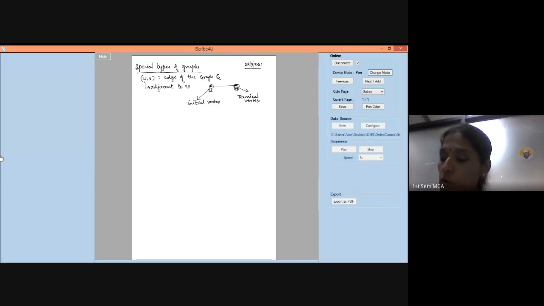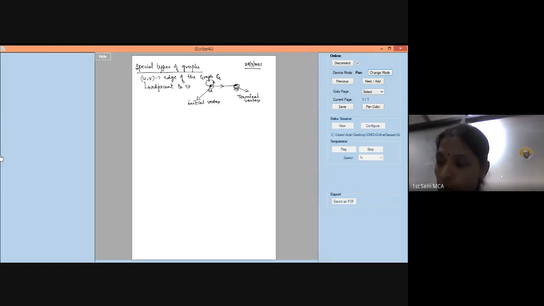Whenever you have a directed edge u comma v, of course u and v are adjacent vertices because they are next to each other. u is called the initial vertex, v is called the terminal vertex.